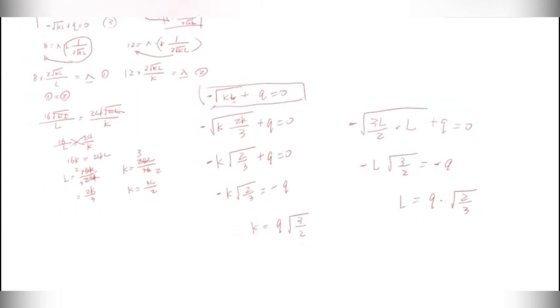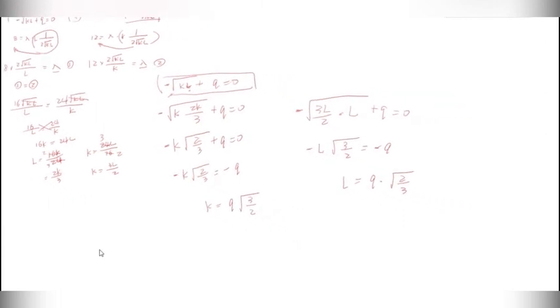So I got L and K. For K, I can rewrite it multiplying top and bottom by 2: Q times square root of 6 over 2. And for L, multiplying by 3: L is equal to Q times square root of 6 over 3.